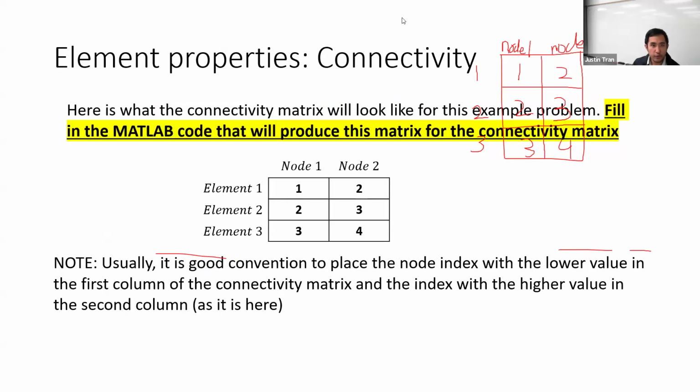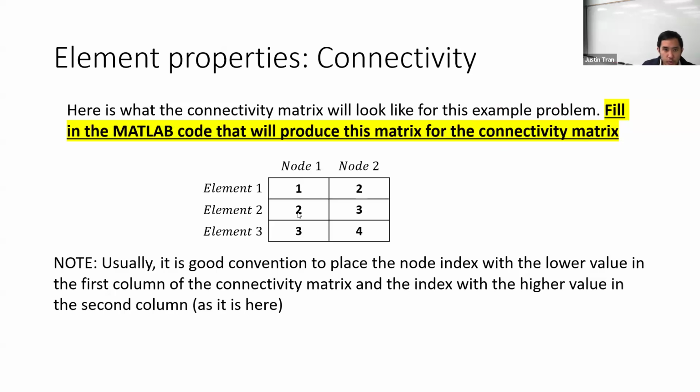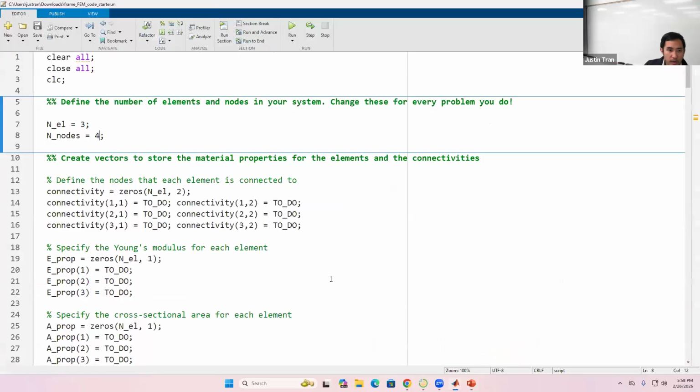If you go to the next slide, you can see that's exactly what our connectivity matrix should look like. Element 1 is connected to nodes 1 and 2, element 2 to nodes 2 and 3, element 3 to nodes 3 and 4. So go ahead and fill in the code here if you haven't done so already, and I'll do it for the connectivity matrix here.